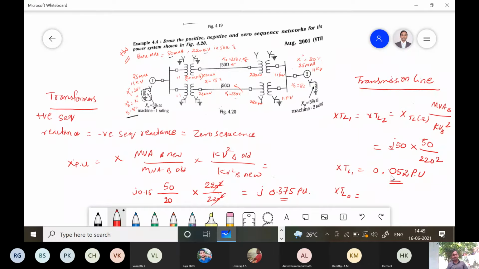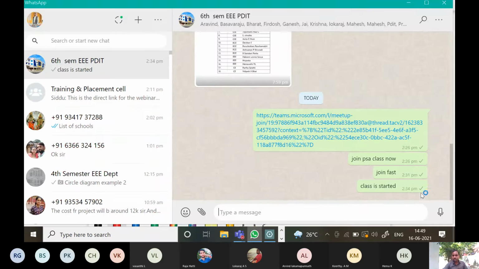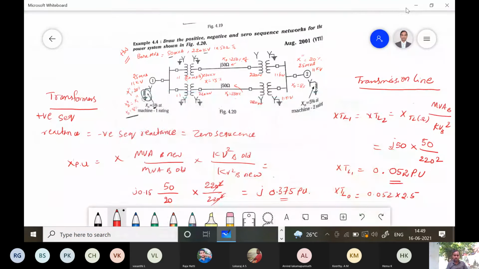How much did you get? 0.052, multiplied by 250%. 250% means 2.5 times. So 0.052 into 2.5, we will get J0.13 per unit.